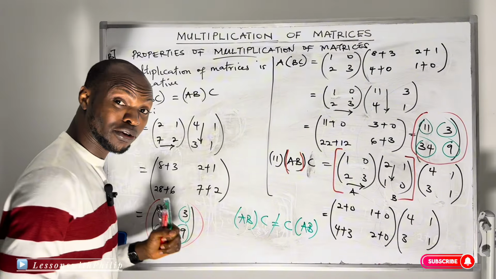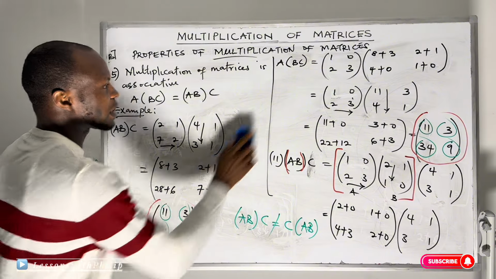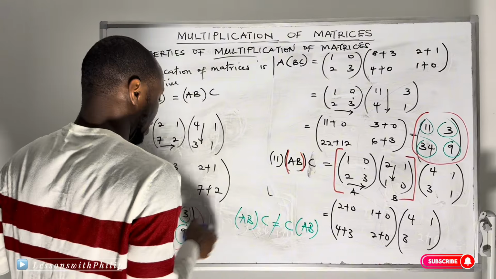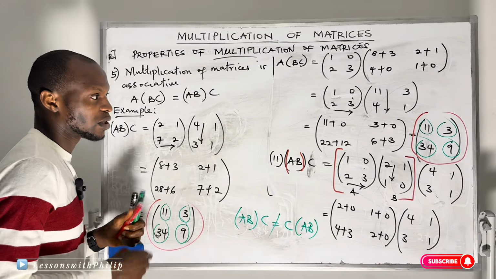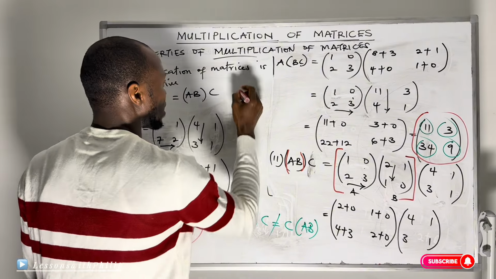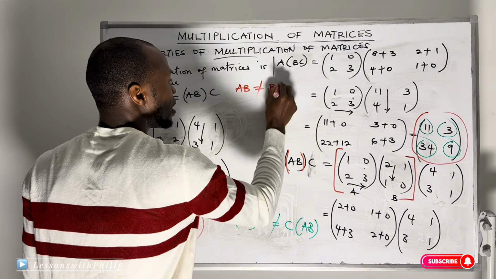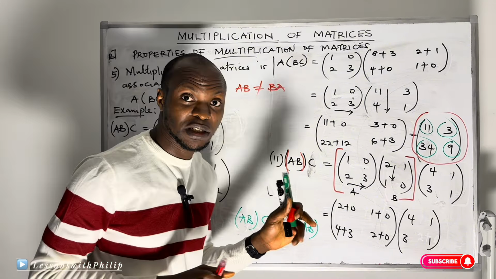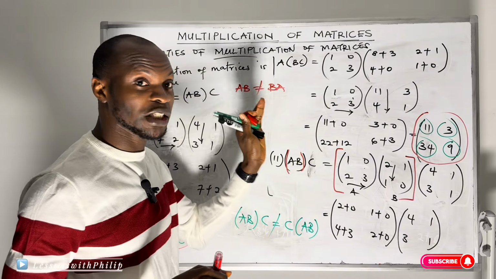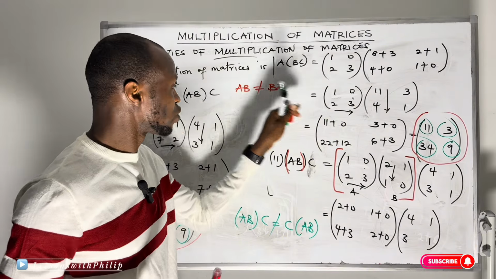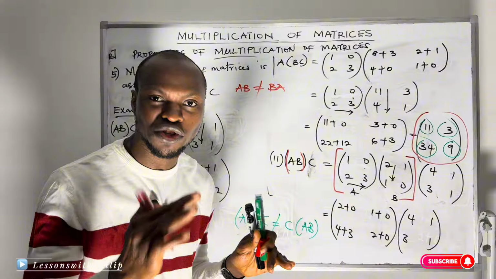These two matrices are not the same. In our classes, when we were talking about the properties of multiplication of matrices, we said that AB is not the same thing as BA. That is the property known as the commutative property of matrices. So, we said multiplication of matrices is not commutative.